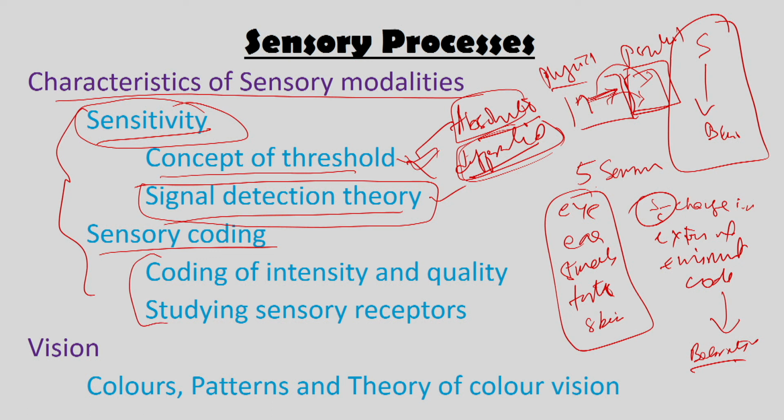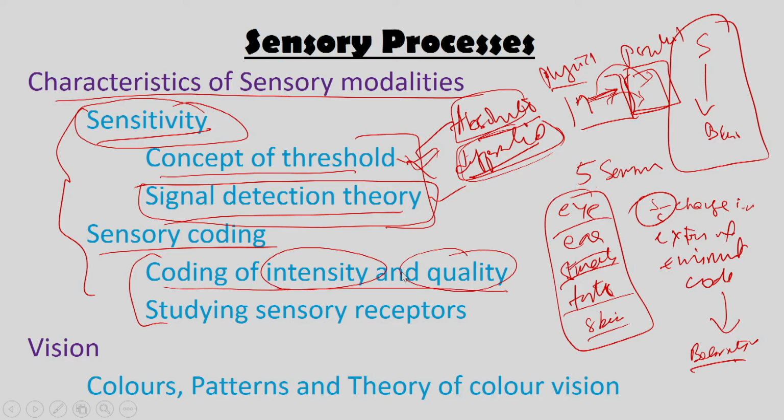Then we looked at sensory coding, which is how this information, with the concept of threshold and detection, is registered by the sensory systems, in terms of the biology of it, into the human brain, and that happens by coding for intensity and quality. So, the sensory receptors, which are the eye, the ear, and smell, taste and skin, detect changes in the intensity and quality of information which is falling onto them.